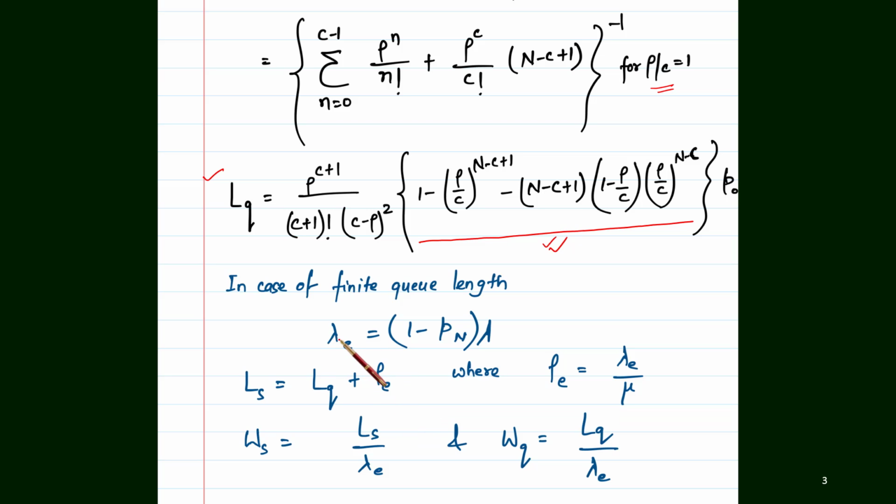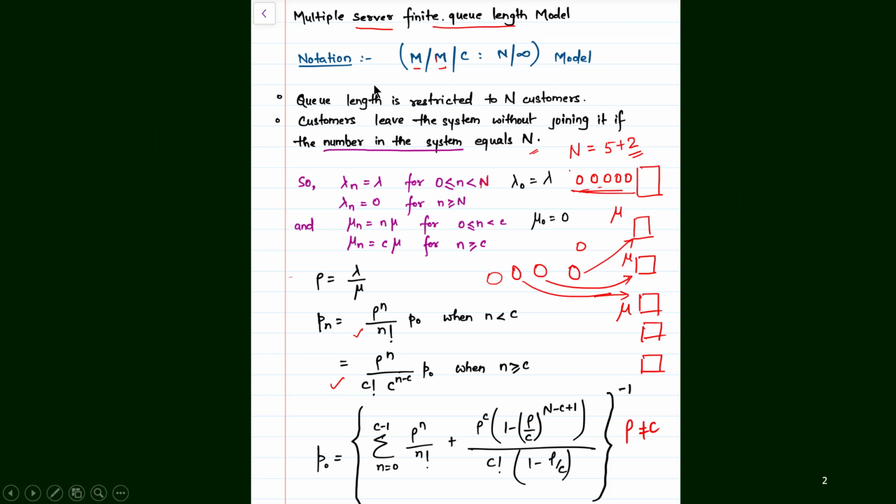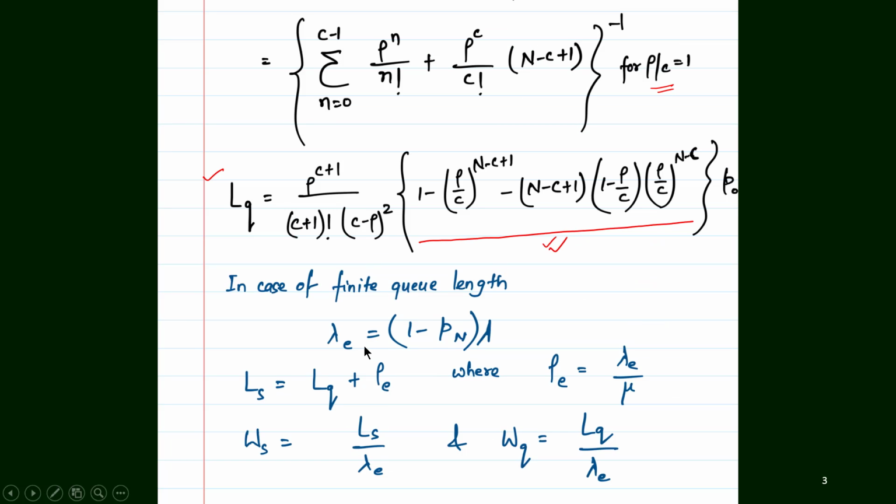Now see, in case of finite queue length model, we know the effective arrival. We have already discussed that arrival will change when n is less than capital N, or the number of customers is greater than capital N. Based on that, lambda changes. So effective lambda is equal to 1 minus Pn into lambda, because Pn means the probability that there are capital N customers in the system.